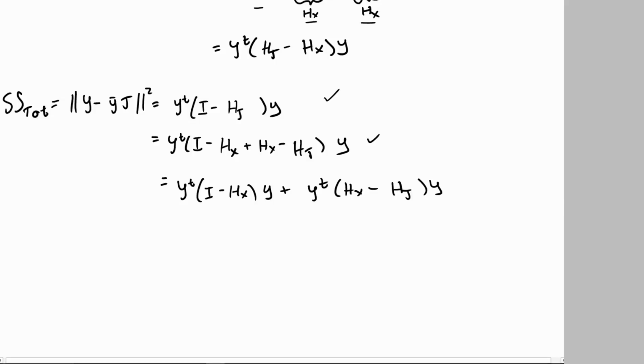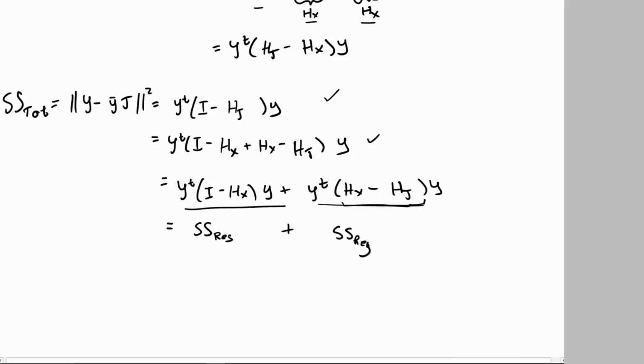And this term right here is the sum of the squares for residual, and this right here is the sum of the squares for regression. Okay, so this small distinction is that I have hx minus hj down here and hj minus hx up there, but I would like you to prove for homework that the order of subtraction doesn't matter in this quadratic form, that the two are equal.